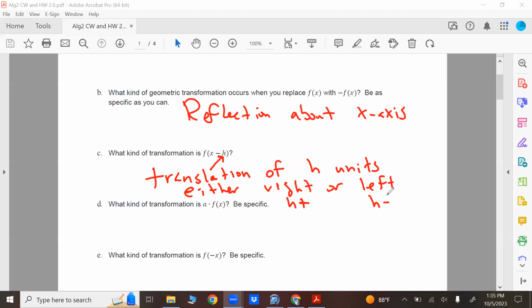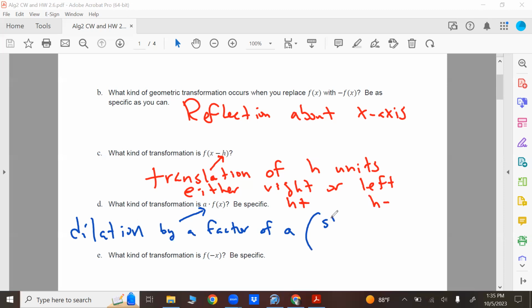For the next one, what does this a do over here? What do we call that? Using the terms of dilation, yes. That's a dilation by a factor of a. And more specifically, it's going to be a stretch if the absolute value of a is bigger than 1. Or it's going to be a compress if a is between 0 and 1.